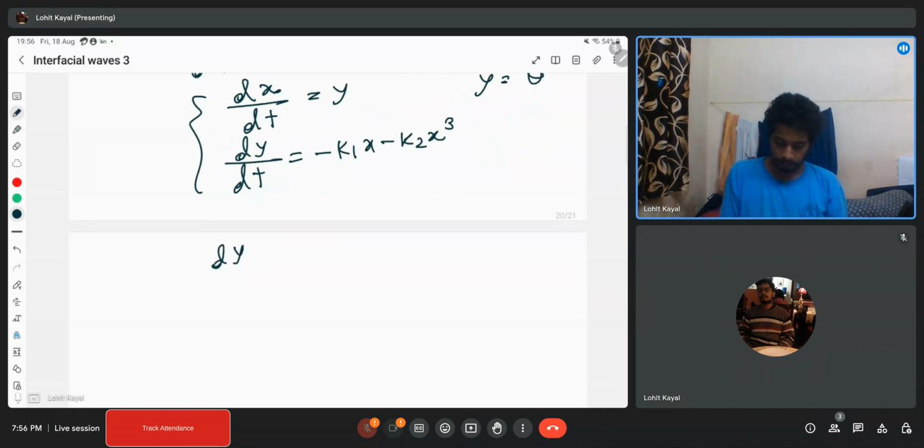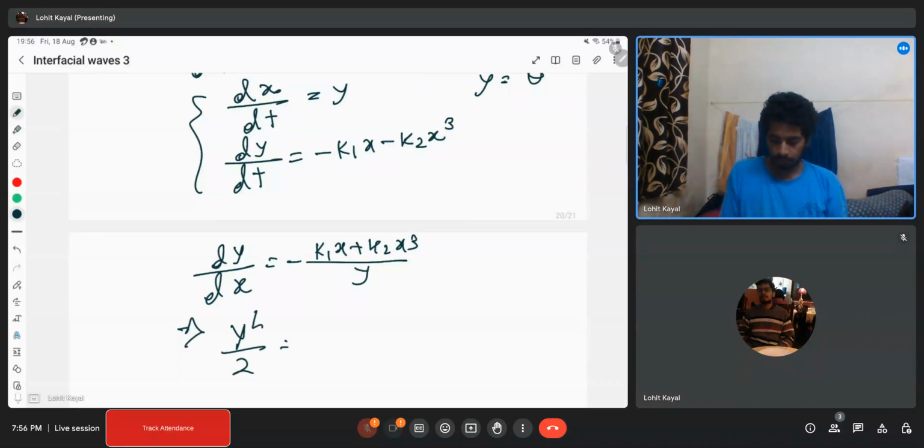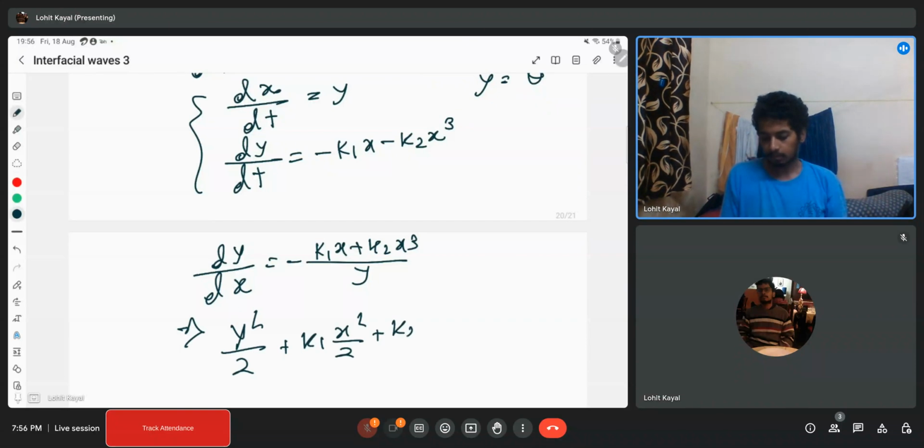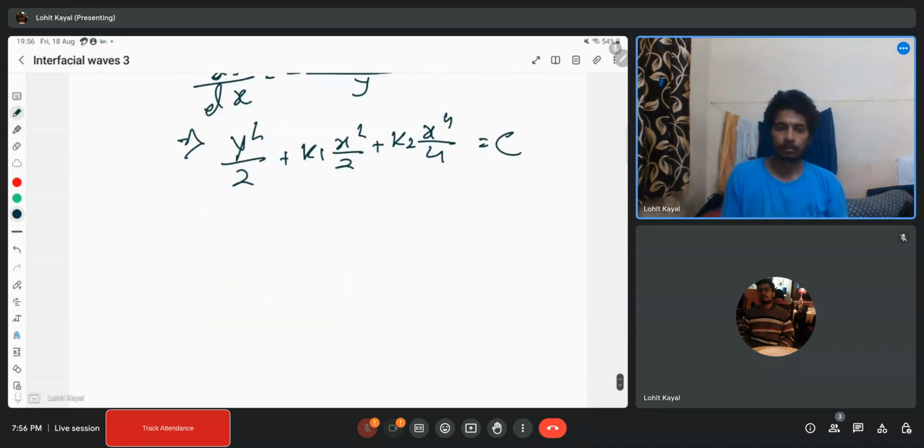So it will be dy dx equal to minus (k1 x plus k2 x cube) divided by y. So you substitute this, it will be y squared by 2 plus k1 x squared by 2 plus k2 x to the power 4 by 4 equal to some constant. Okay, so this is your correct answer.